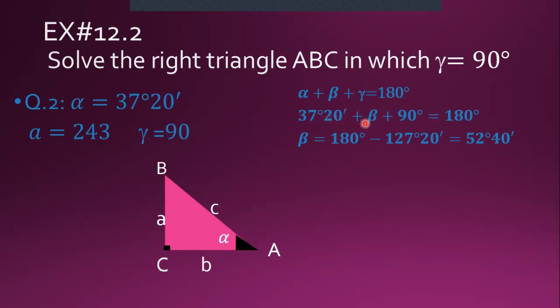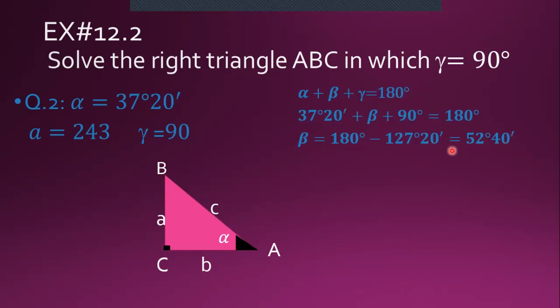I have taken the sum of 90 and 37 degrees 20 minutes, which becomes 127 degrees 20 minutes. So 180 degrees minus 127 degrees 20 minutes is equal to 52 degrees 40 minutes. In this way, beta is equal to 52 degrees 40 minutes.